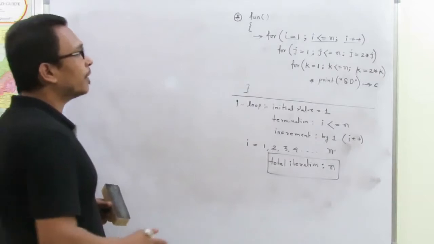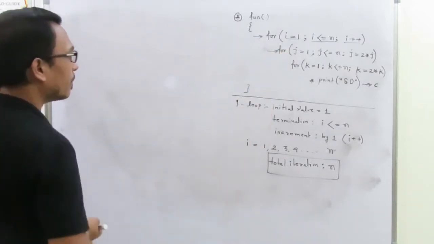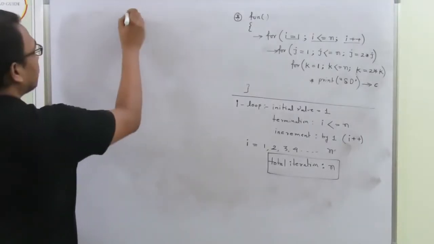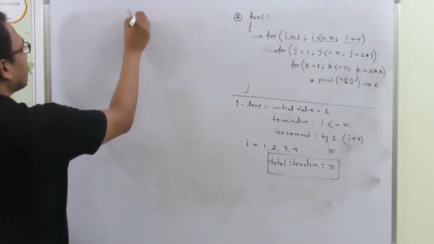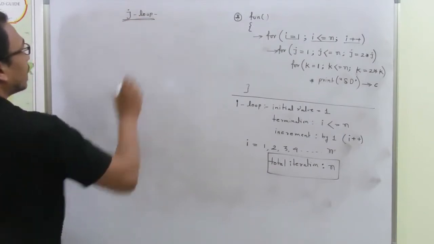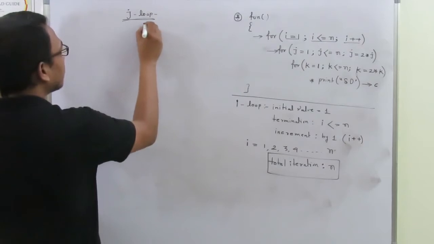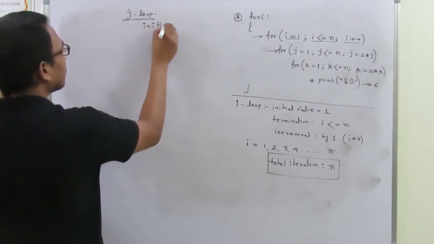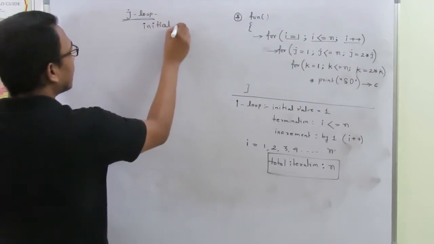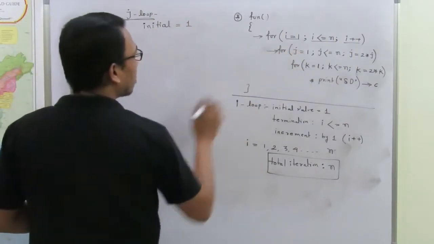Now come to the next loop, the j loop. The initial value is 1, so the j loop starts from 1.